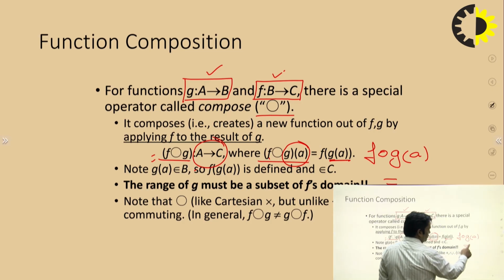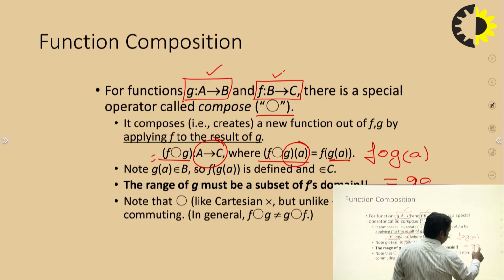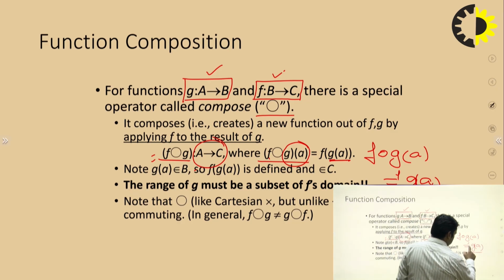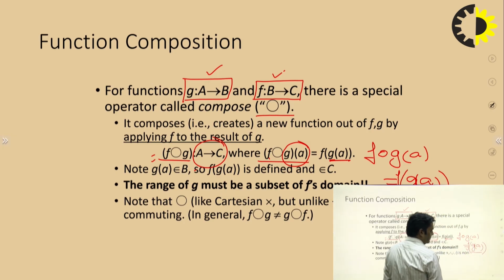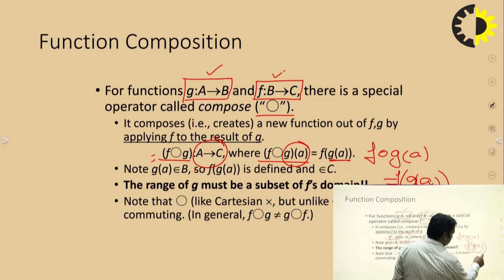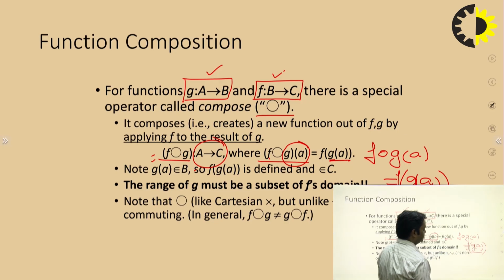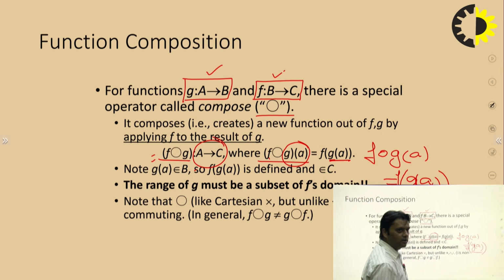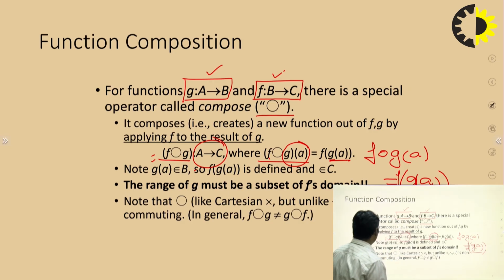So we first solve g of a, then put the given result into the function f, then find out the result. This is the way we find the composition of functions.